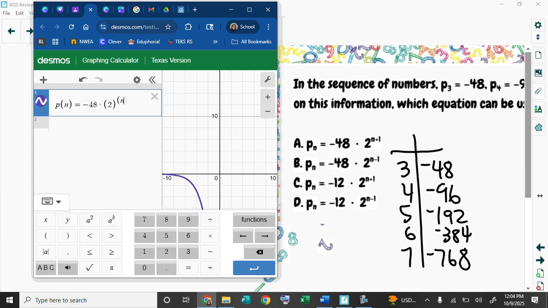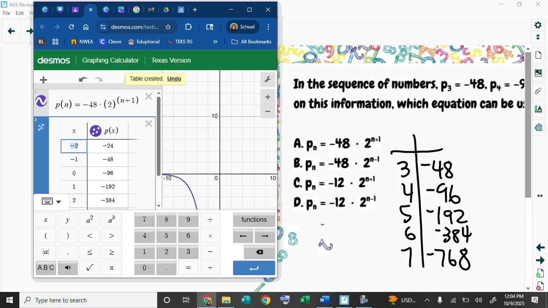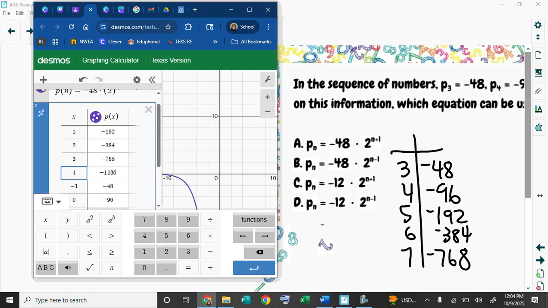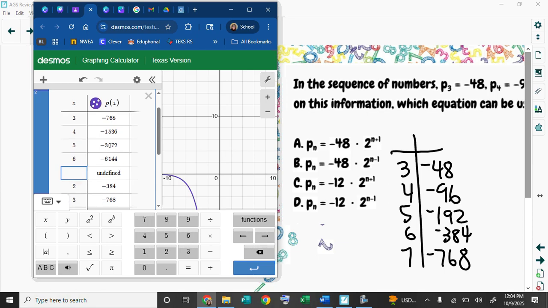And so now I get a table, and look at that. I'm going to put 3, 4, 5, 6, and 7.